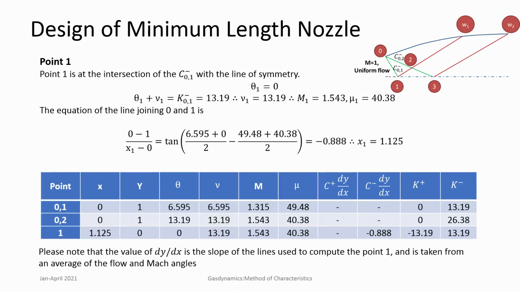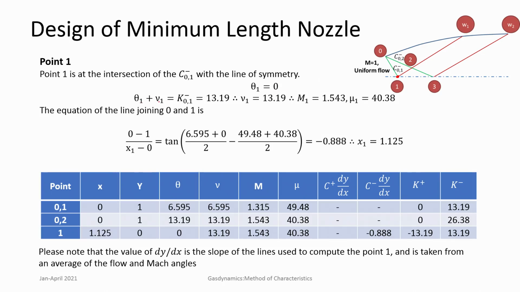Now we go to point 1. Point 1 is located here. It is the first wave that is produced at point 0. It is going and coming to the point of line of symmetry at point 1. So we apply the symmetry boundary condition here, that is theta 1 is 0. This is a C minus characteristic.